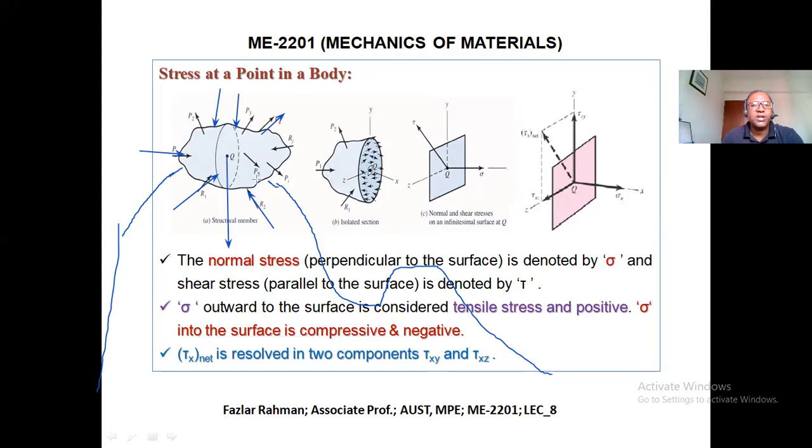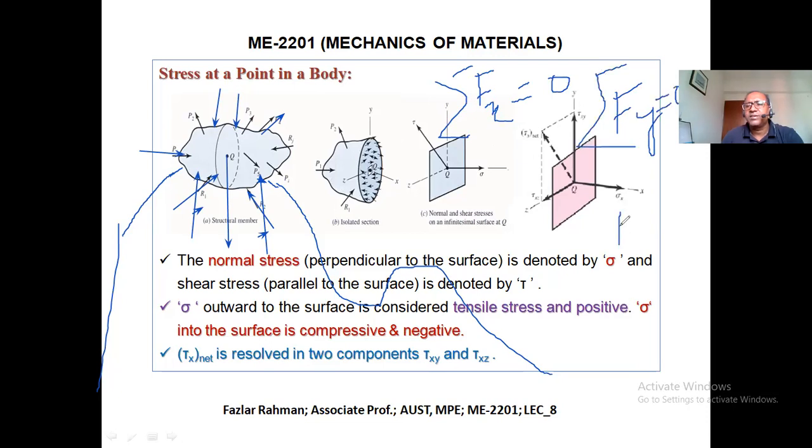If it is supported at multiple points on the ground, the reaction force will work upward, right? So when the summation of Fx is zero, similarly the summation of Fy equals zero, and the summation of Fz equals zero, then the body will not move.